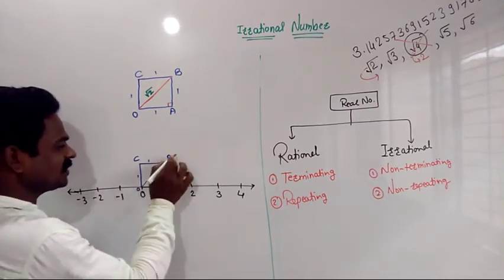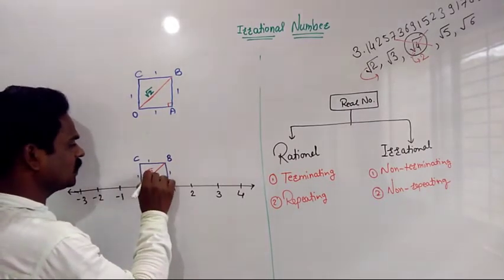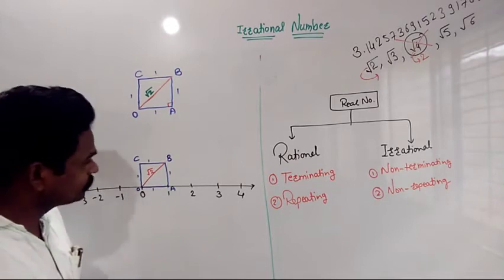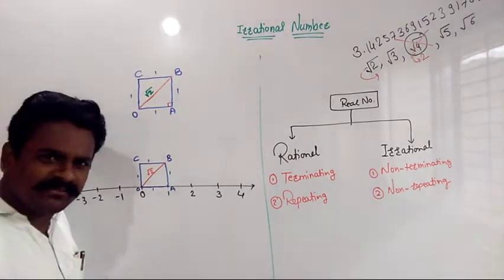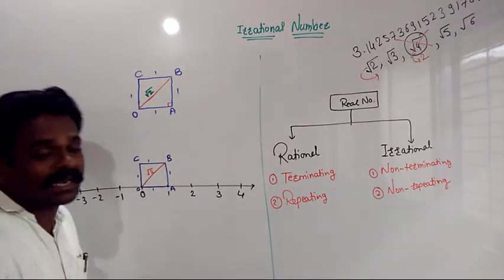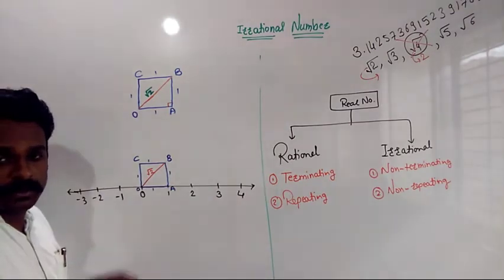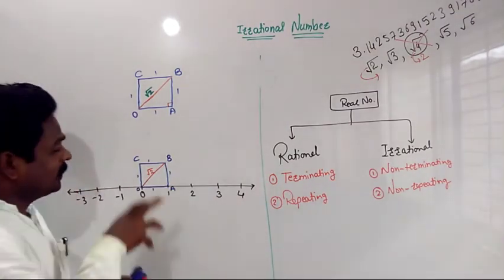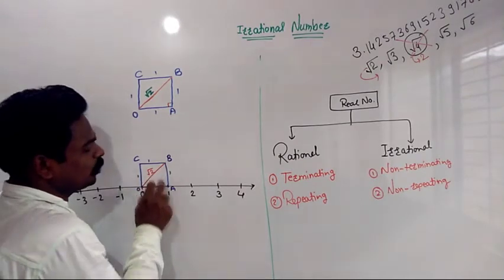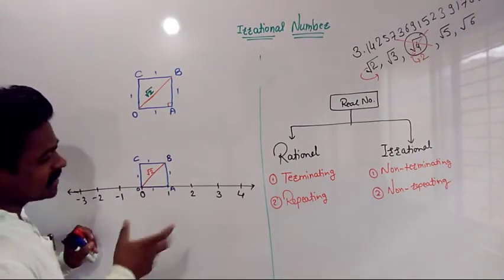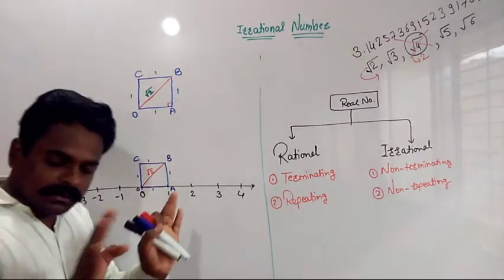Now how much is the length of this OB? It's √2. We name it. Now how can we place this √2 on the number line? How can we measure this √2 distance on the number line? It's not difficult.